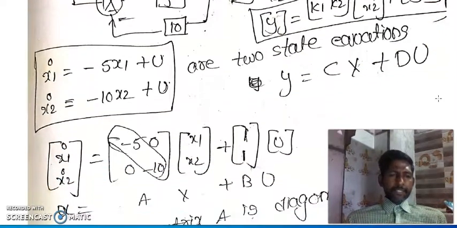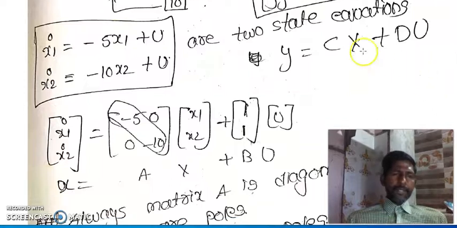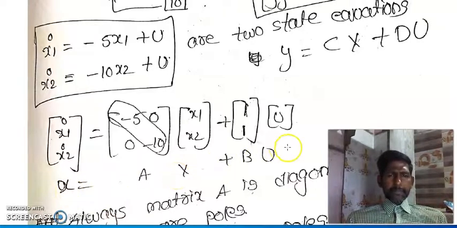Whereas this, if we represent this in the form of matrices, x1 dot x2 dot equal to minus 5 0, 0 minus 10, x1 x2 plus 1 1 matrix u. So x dot equal to ax plus bu.